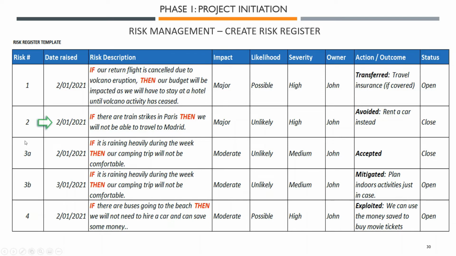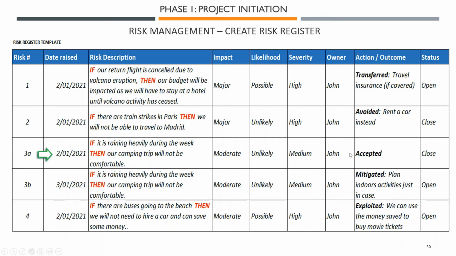The next risk, risk number 3, says if it's raining heavily during the week, then the camping trip will not be comfortable. A bit of an understatement, but it's just to give you a very simple holiday example. The impact, you see it as moderate, it's not the end of the world, and the likelihood is unlikely, and that gives you a severity of only medium. So it's not high, it's medium.